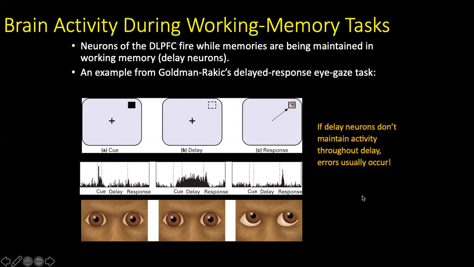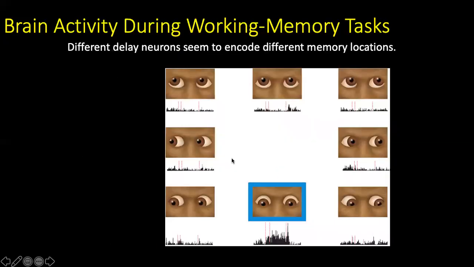And what we know is that if delay neurons don't maintain that activation during the delay, that's usually when errors occur. That loss of neural activity seems to represent the loss of that information. So on trials where we don't see a lot of increased activity during the delay, that's when we tend to see animals make mistakes, right? And different neurons seem to encode different pieces of information.